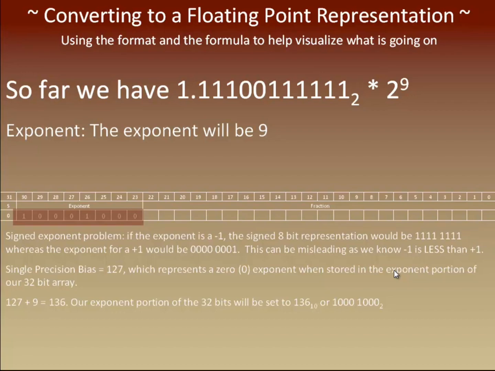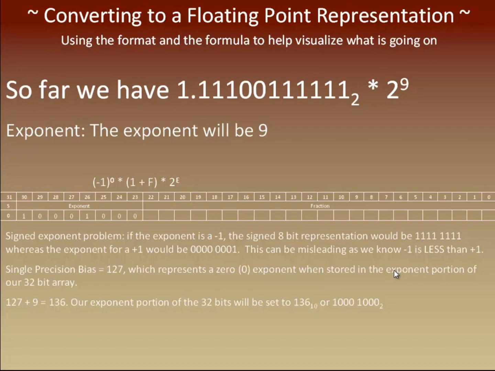If we think about this backwards, we know that if the exponent field value is 136, base 10, and we subtract 127, which is our bias, we get 9. So we know the exponent we calculated when we normalized the binary representation of 975.75 base 10 was 9.